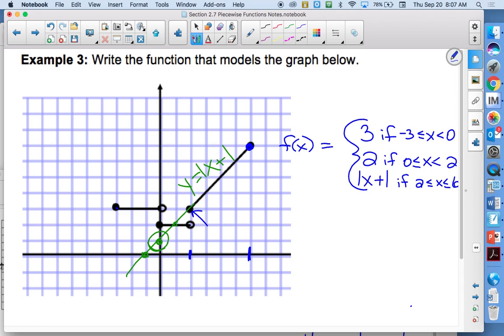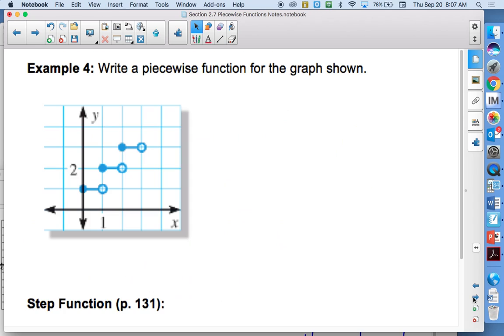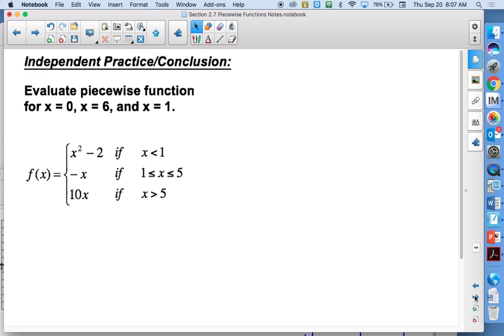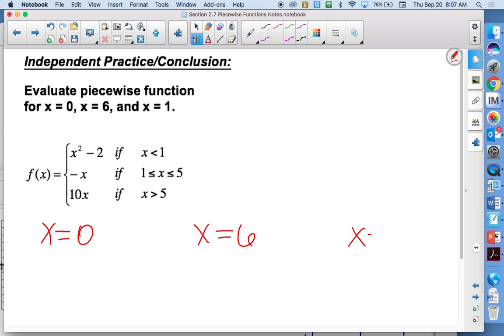I'm going to skip the problem underneath that. If you flip the page, I want us to practice some of the problems we just looked at. So on the next page, they want you to evaluate the piecewise function. So we have 3 equations, and they're asking you to evaluate for 3 different numbers: 0, 6, and 1.